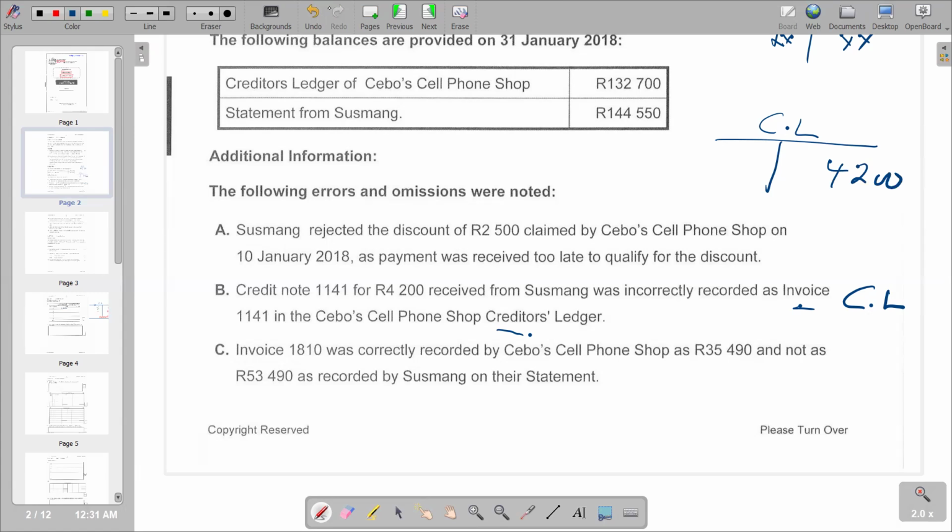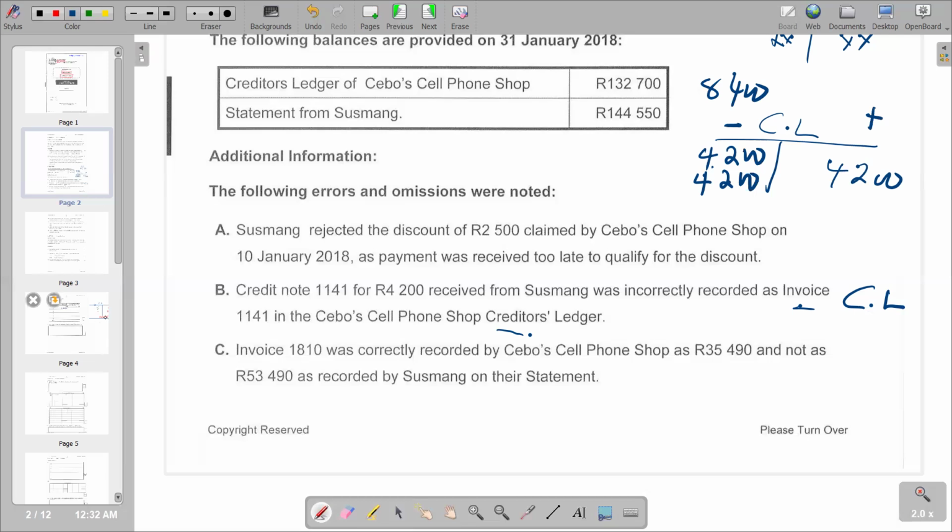So by correcting, we are supposed to first remove this 4,200, which is not supposed to be there, and then enter the correct 4,200. So we are going to enter twice on the debit side of the creditors ledger. If you add the two, you see that we get 8,400.